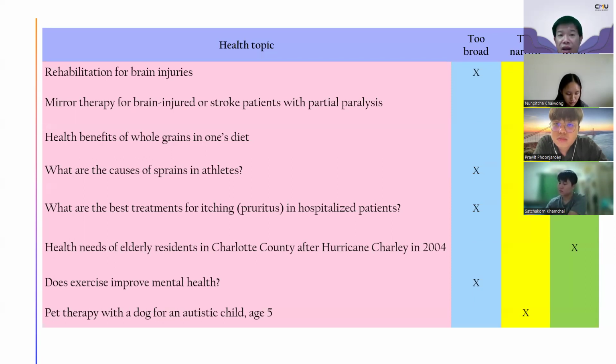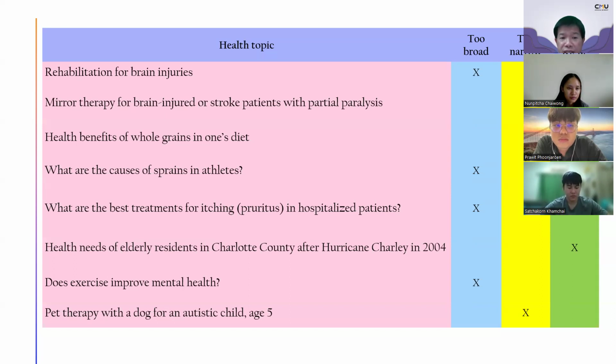It's okay, we can use not only stroke but TBI or brain injury. Or the health benefits of whole grain for people. What's the cause of sprain in athletes? I don't know, it's very broad. Sprain in athletes may be from much more practice, or it may have many effects.